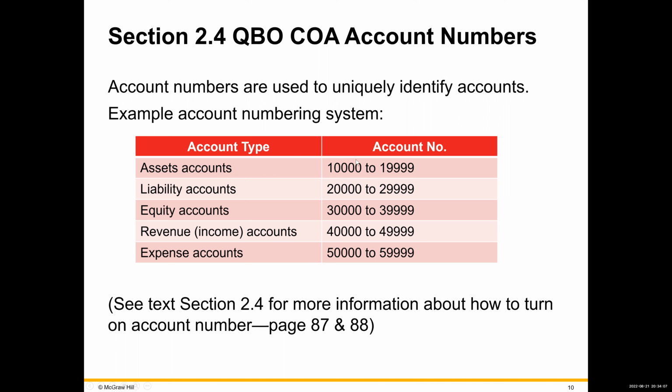Remember, computers are stupid, right? You've got to tell them what to do. If you had accounts payable, you put it in the 20,000 range, and then the computer program would know, oh, it's in the 20,000 range, that accounts payable should be in the balance sheet under liabilities, right?